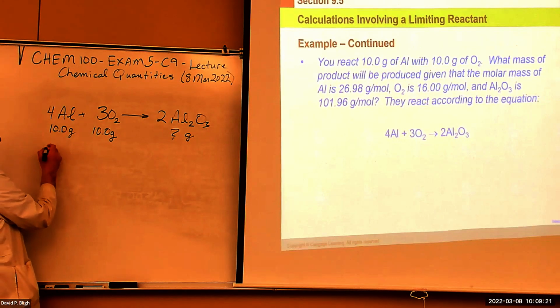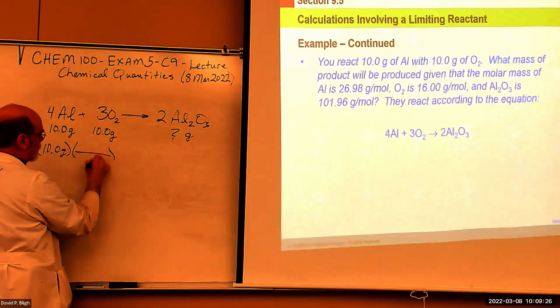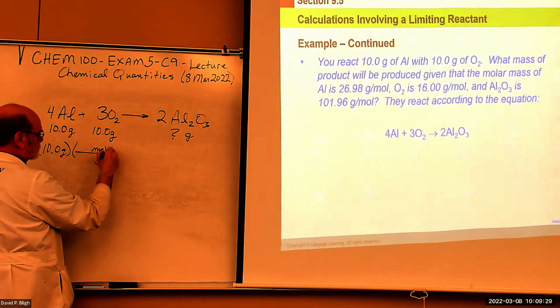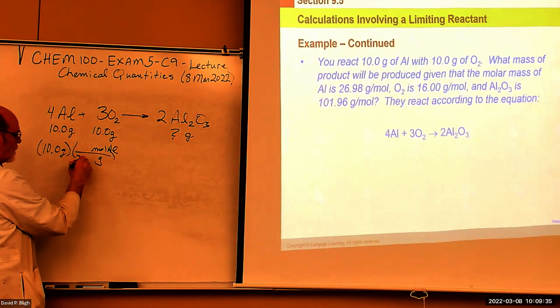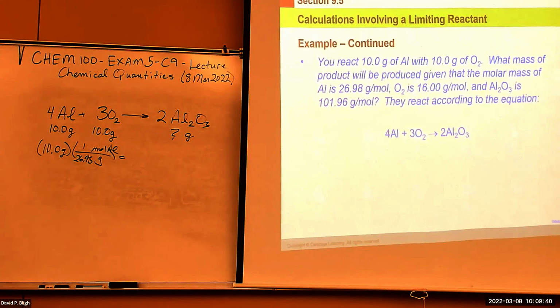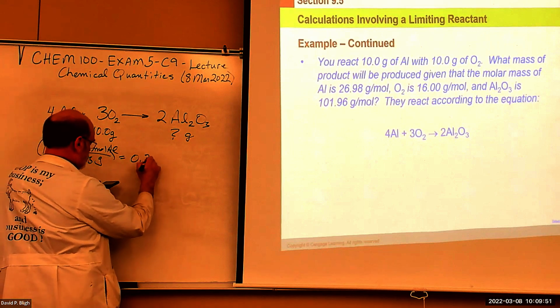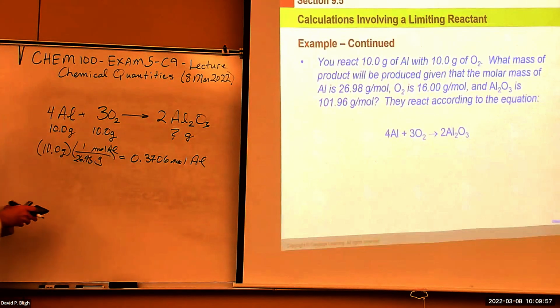So we'll take this one, 10 grams, and convert it to moles of aluminum, using 26.98 grams per mole. So how many moles is that? Let's see. That's 10 divided by 26.98, which is 0.3706 moles of aluminum. How much aluminum oxide does that represent?